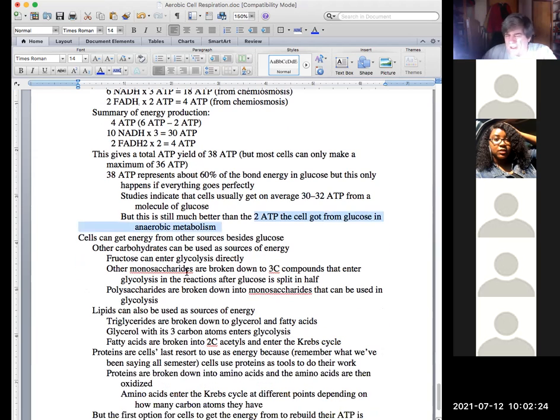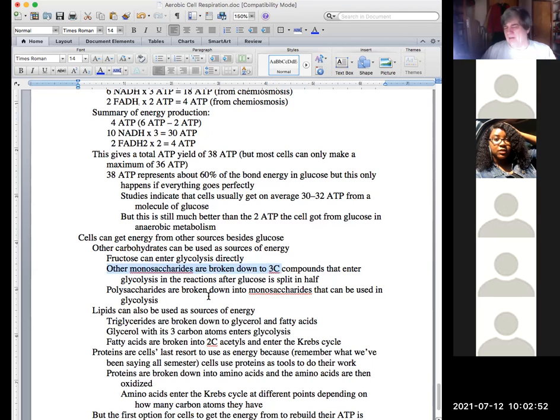Now, the other thing we need to keep in mind is you can get energy from other carbohydrates. Your cells would rather use glucose, but fructose can enter glycolysis directly. If you go back and look at your notes on glycolysis, the first product that we made was fructose 6-phosphate. So fructose can enter glycolysis at the second stage.